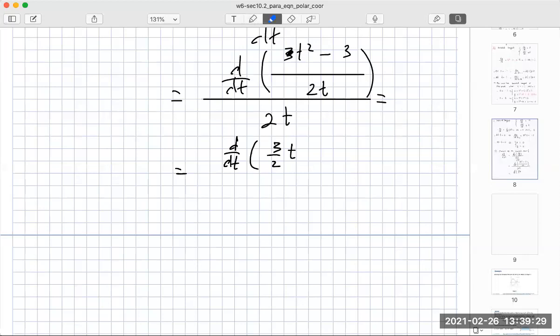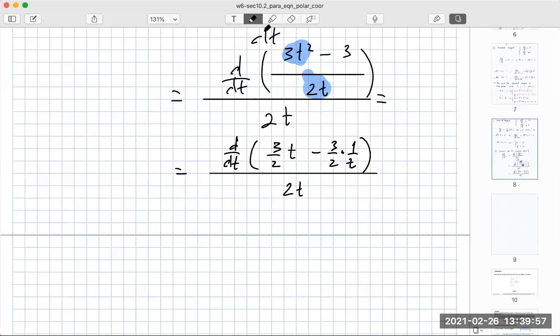So if we take this divided by this, we have 3t over 2. And then this one will be negative 3 over 2, and the denominator is 2t. Okay?